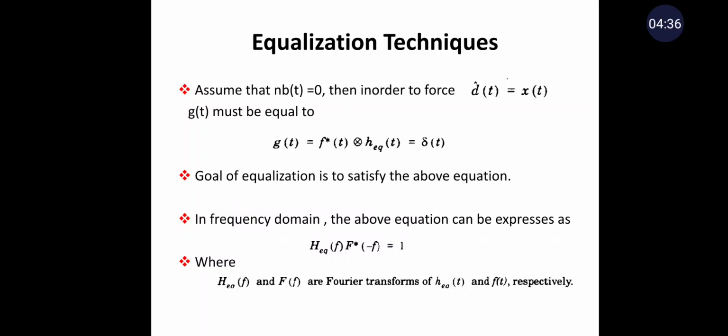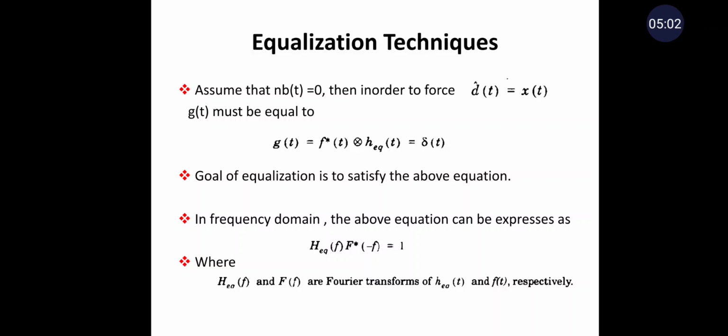If we assume that the noise is equal to 0, that is nb(t) equals 0, then this is the condition to be forced, and the goal of equalization is to satisfy the above equation. In the frequency domain, the above expression can be expressed as follows: Heq(f) into F*(-f) is equal to 1.